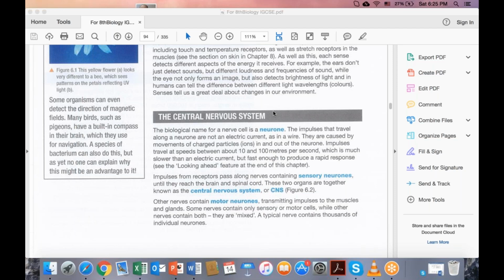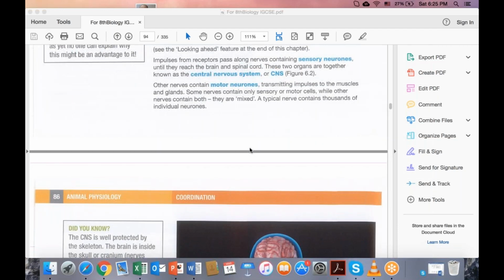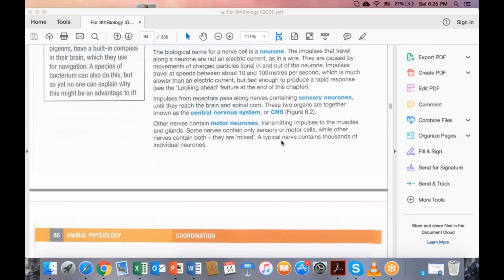Then after analyzing, we send a message back to the effectors by using our motor neurons. So the central nervous system is the spinal cord and brain, and the peripheral nervous system is motor neurons and sensory neurons. These are our peripheral nervous system.